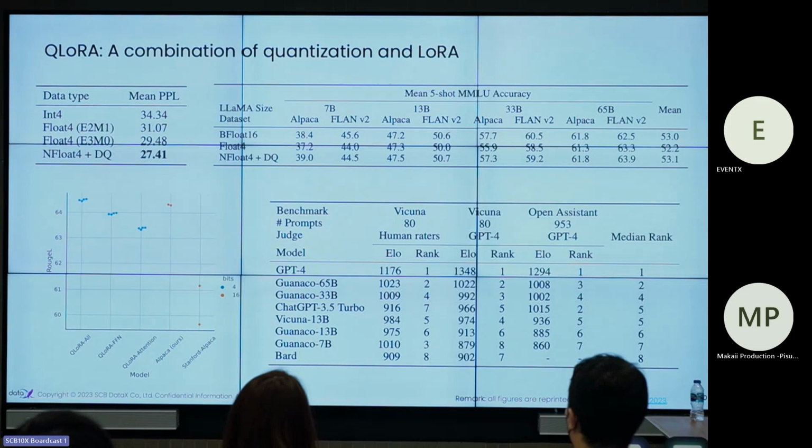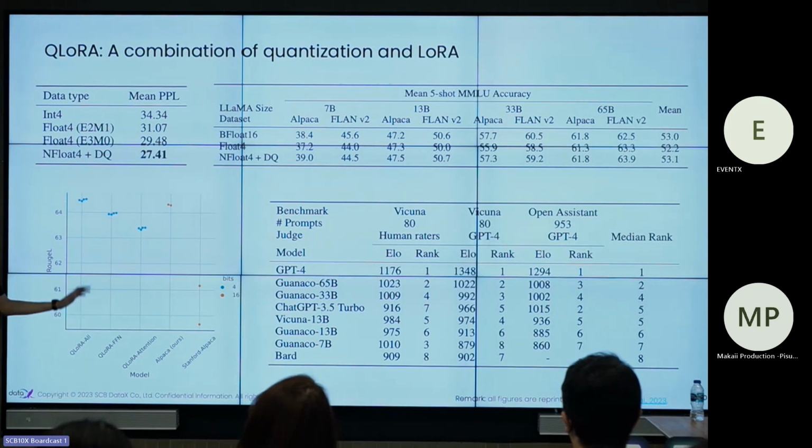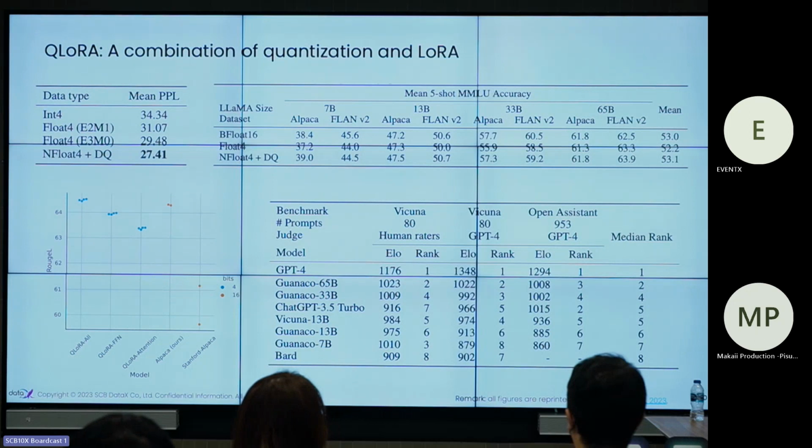So this is the result. QLoRA, you can call it QLoRA or Q-Rola. This technique is a combination of quantization and LoRA. I will not cover all of the detail, but to give you a little bit of the idea, they apply the quantization technique in a more advanced way, like double quantization, and they have what's called, sorry, normal float.